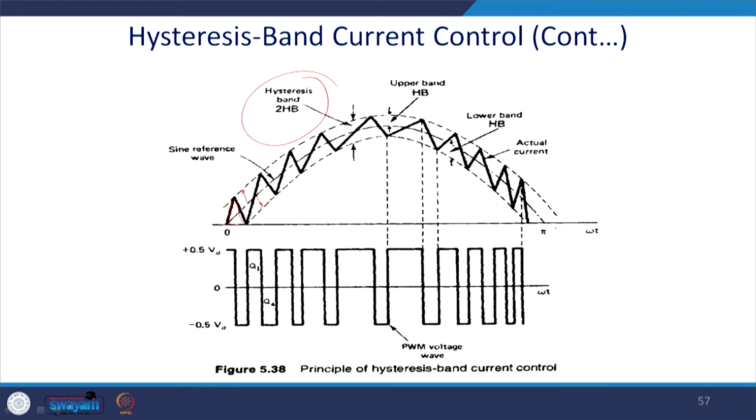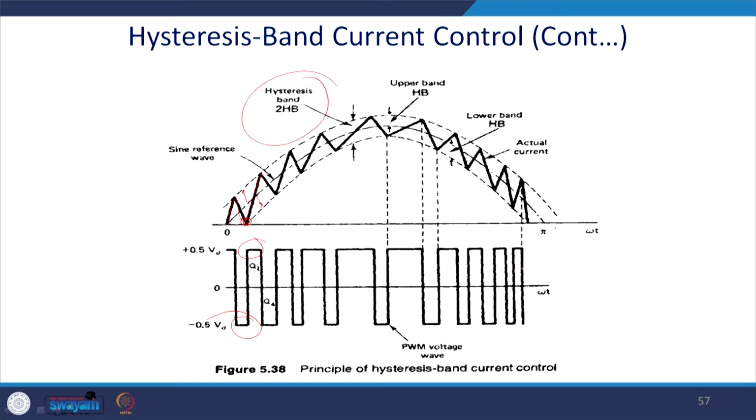And then again when it hits this lower band, this diode will stop or the switch will be turned on, because you need a switch to give the path. Your upper switch is off, then the lower switch will be on. For this reason, for this time you are getting the value of minus VDC or 0.5 VDC for the half bridge. So, again you will go off for the switching on the upper switch and go down like this.